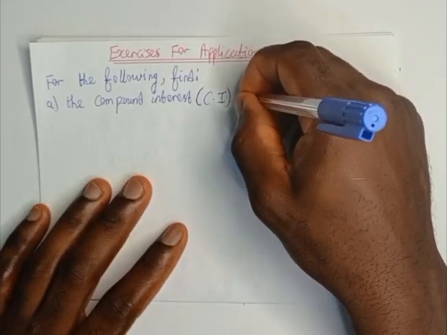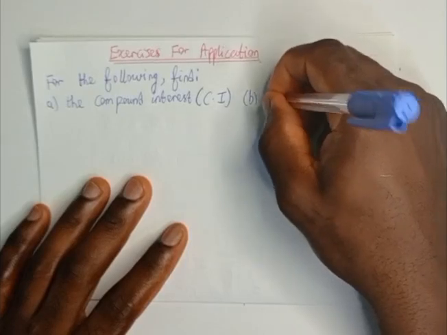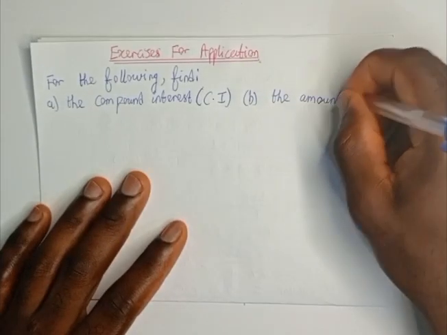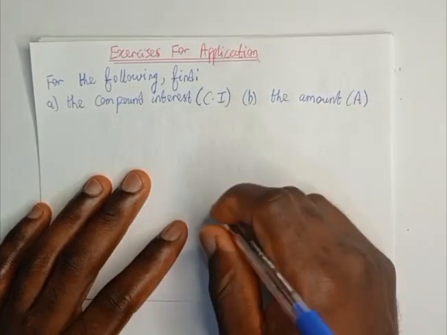For B, we have to find the amount, which is denoted by A.